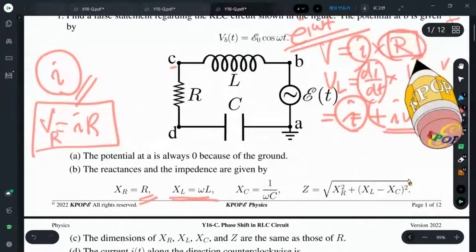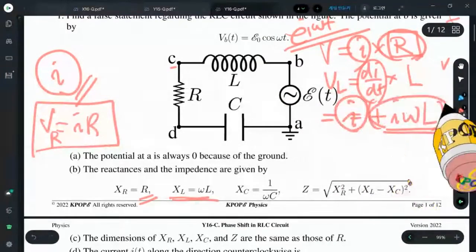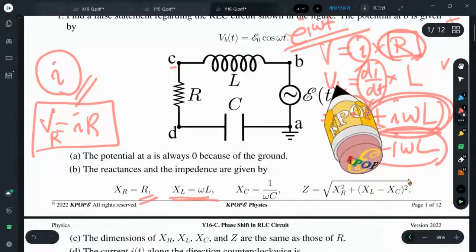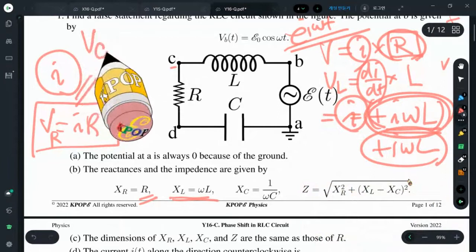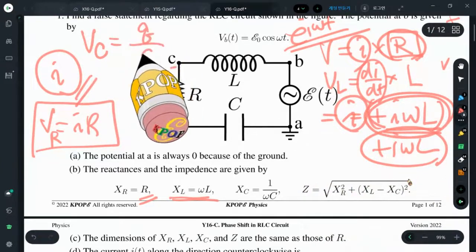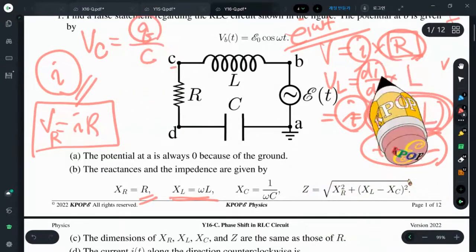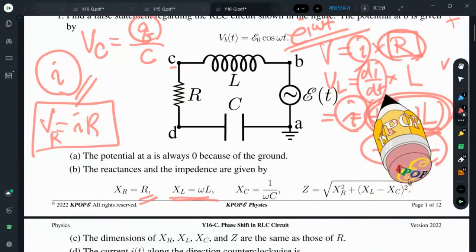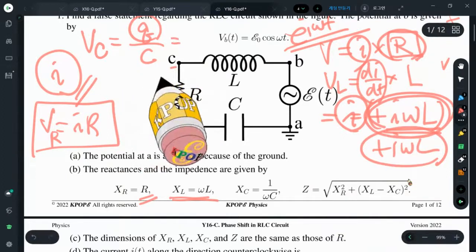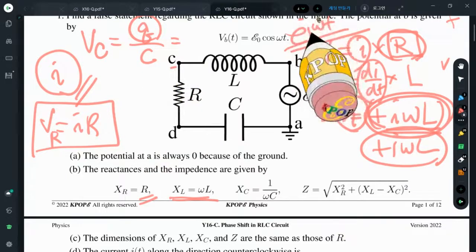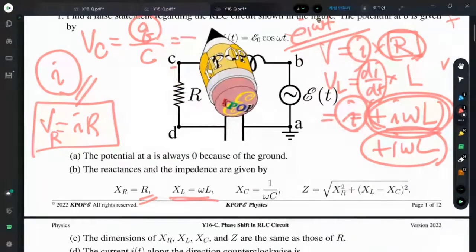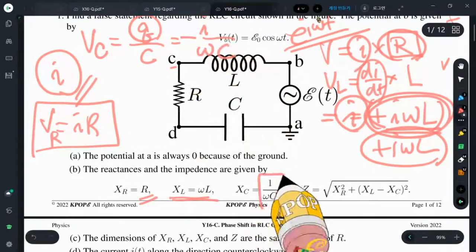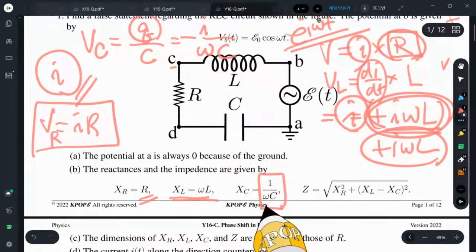In the case of inductance, I have a plus i omega L. And what about VC? That is Q over C. But Q is the integral of the current, and the integral of this will give minus i over omega. So that's the reason why we have 1 over omega C in the magnitude.